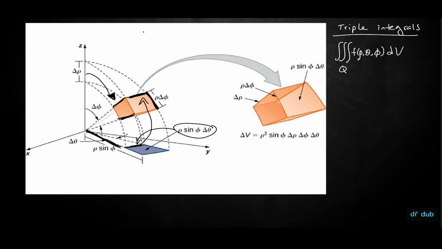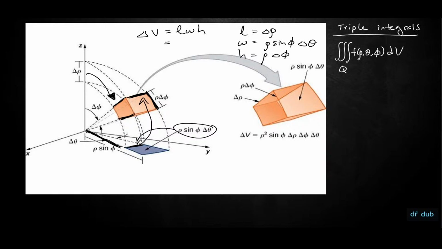So then the delta volume would be length times width times height. I'll say the length is delta rho, the width is rho sine phi delta theta, and the height is rho delta phi.